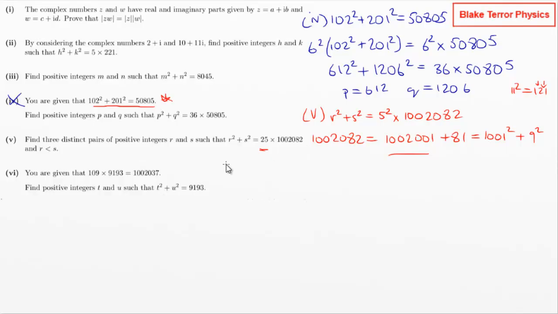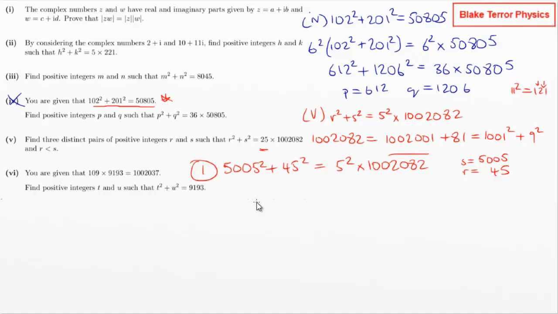So I've got 5005 squared plus 45 squared is equal to 5 squared times 1002082. So that is 1 pair then, 5005 and 45 for our r and s. We've got r less than s.